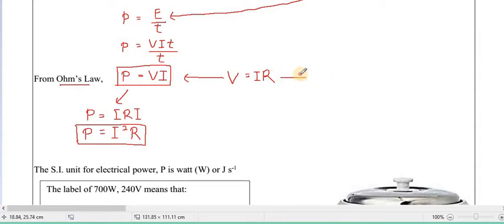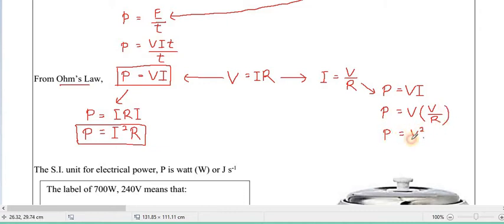Or you modify V equals IR into I equals V over R, and then you substitute into P equals VI, so you get P equals V times V over R, which is P equals V squared over R. So this is where you don't know the current, but you know the potential difference and the resistance, so you can use P equals V squared over R to calculate the electrical power.